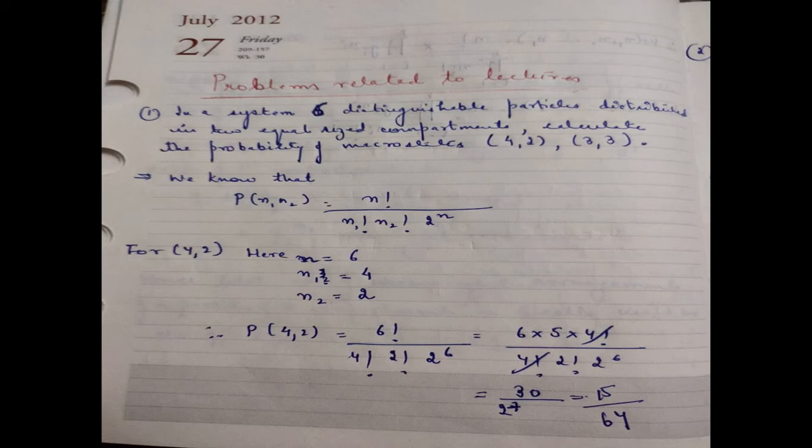Now if we are going to calculate the probability of macro state 4, 2, then what will happen? The n will be equal to 6, n1 will be equal to 4 corresponding to macro state 4, 2, and n2 will be equal to 2. Just put it in this formula and calculate the probability of the macro state.